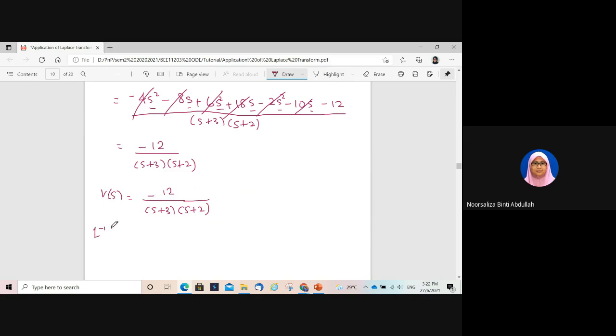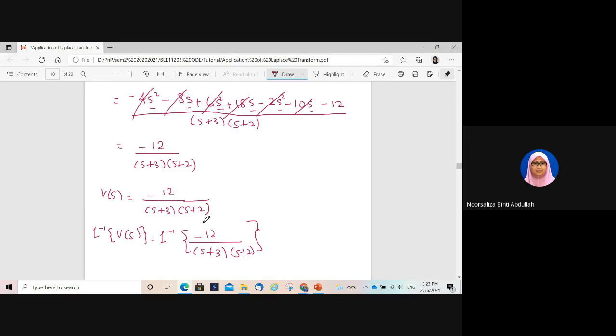So inverse Vs, okay. And then you inverse this one also. So to find inverse here, you have to use partial fraction dulu.